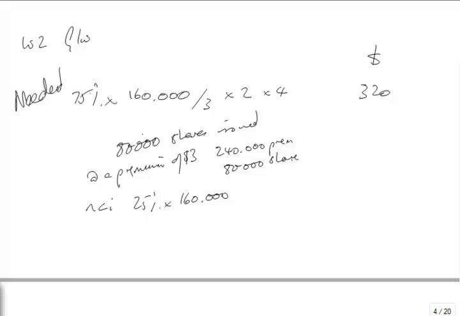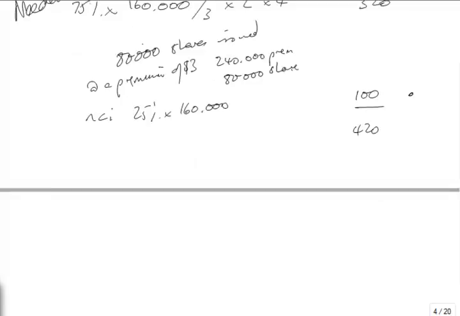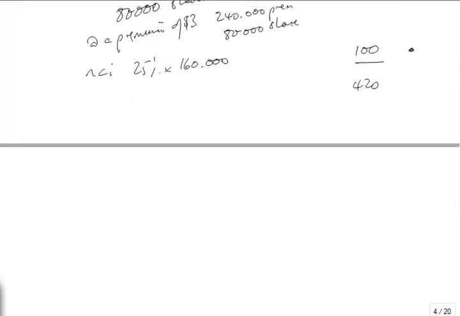Do we know that? Oh no, it doesn't need it. It just tells us in point number 4. It says the value of the NCI is 100 million. That gives me 420 for the value of the company. Now I need that as well because the NCI, we're going to have to work out what the NCI is. So not for the statement of changes, but for the fact that it's the equity section.